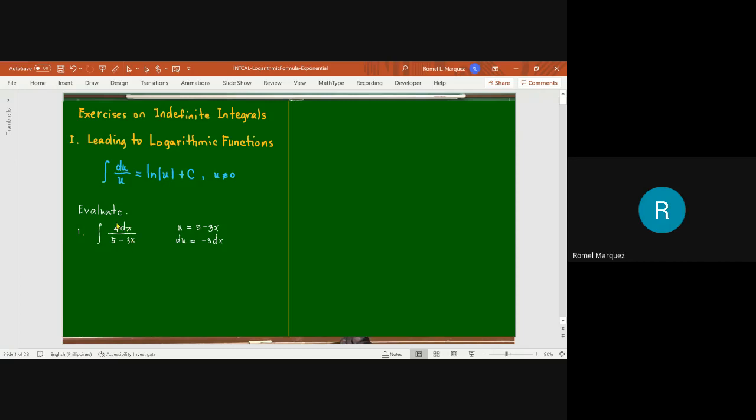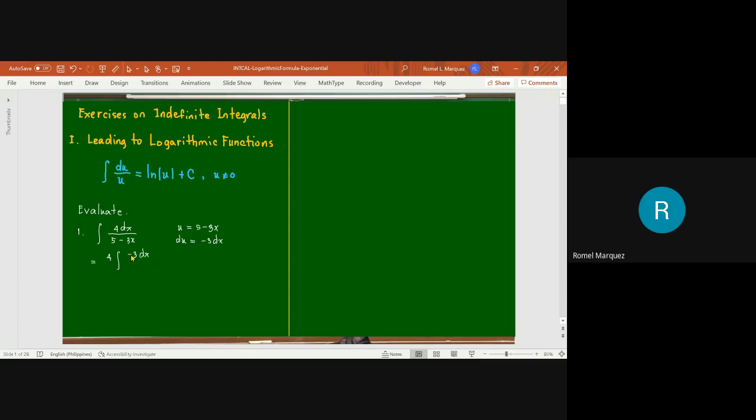For this to be the integral of du over u, the denominator is u, the numerator must be its differential. But the differential of u is supposed to be negative 3 dx, but this is 4. So we don't need 4 inside, no? So you have to put it out, and then we have to multiply by negative 3 because negative 3 is what we want to be multiplied to the dx, no?